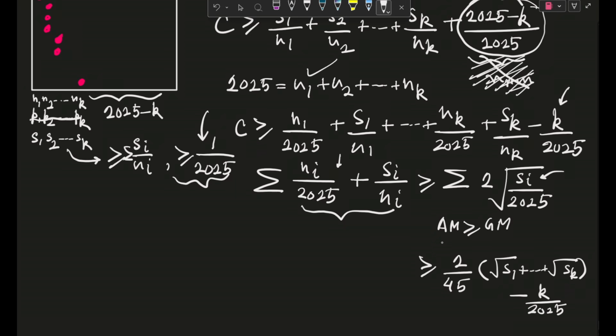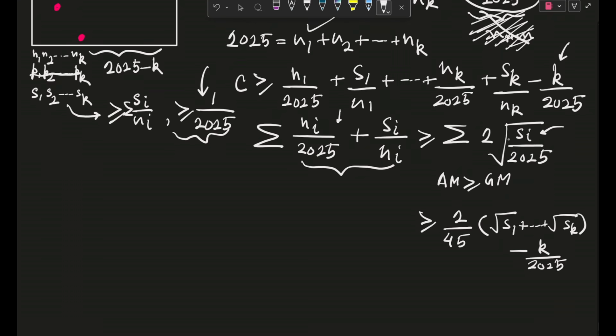I hope this part was clear. Wait, I have to write this a bit more clearly because you might be confused about what happened. n1 till nk and s1 till sk, this part put in a bracket.